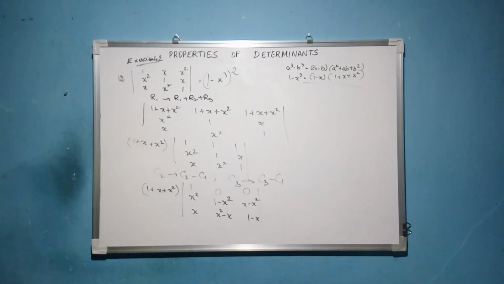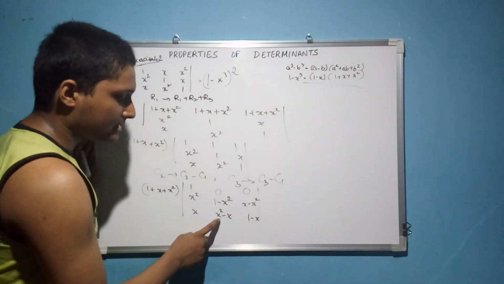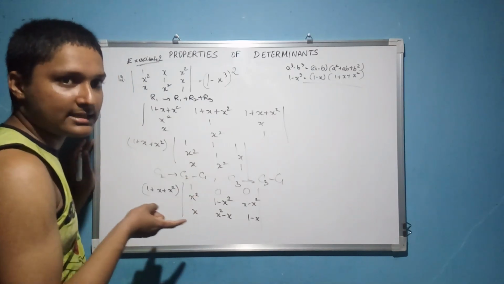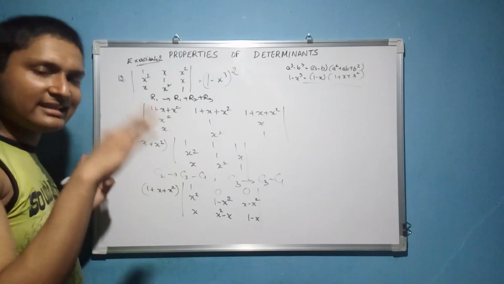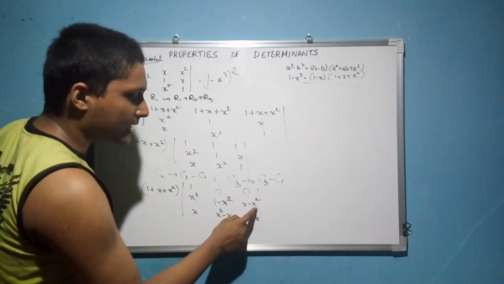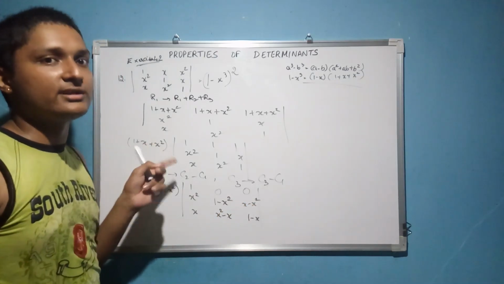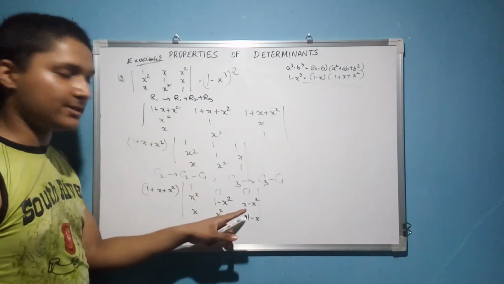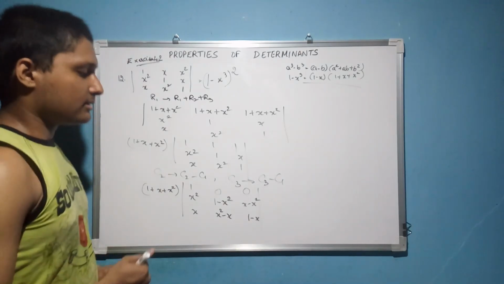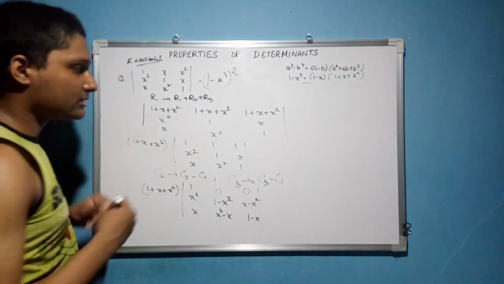We can just see that 1 minus x is common out of this. Here it is x square minus x. So it is x into x minus 1. Or I can take 1 minus x from that by putting one more negative sign. Then you have x square minus x square. So it is x into x minus 1, right? And you have 1 minus x here also. So those things I need to take it out.